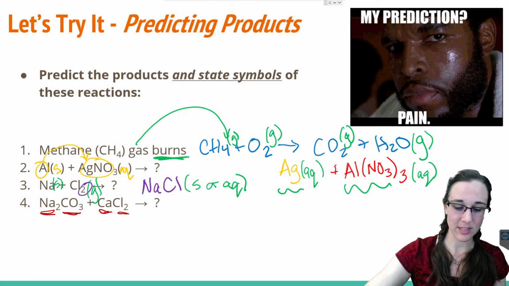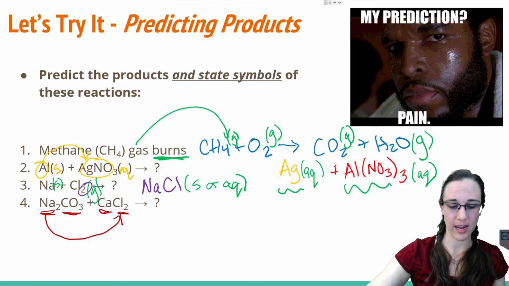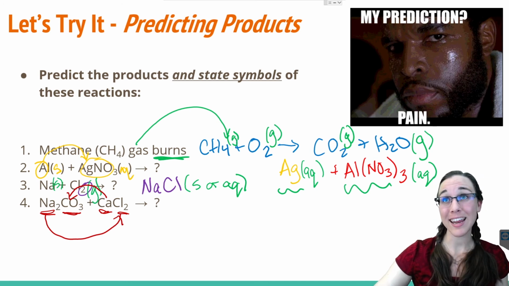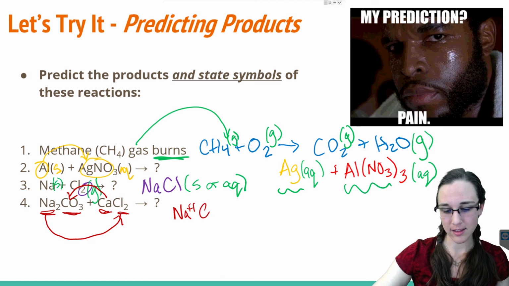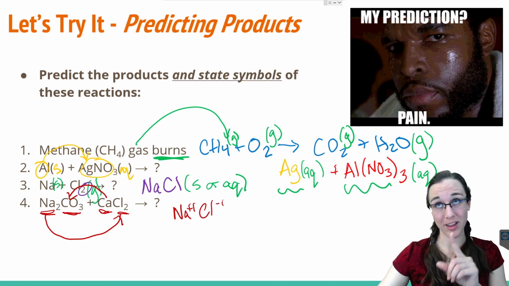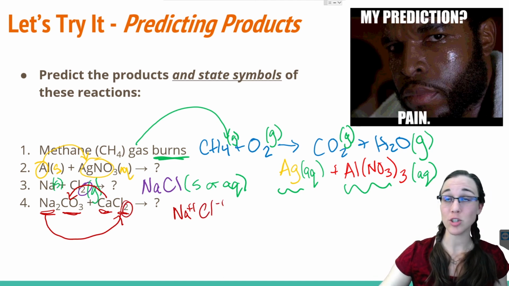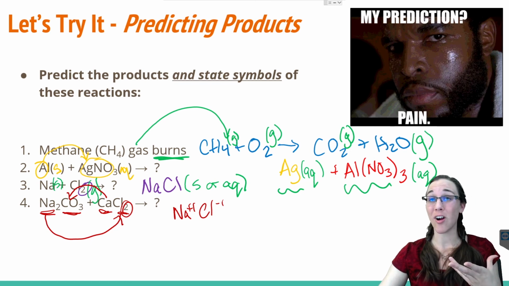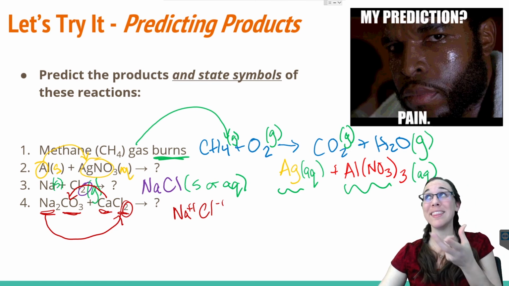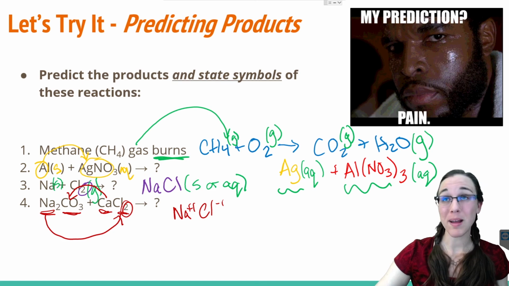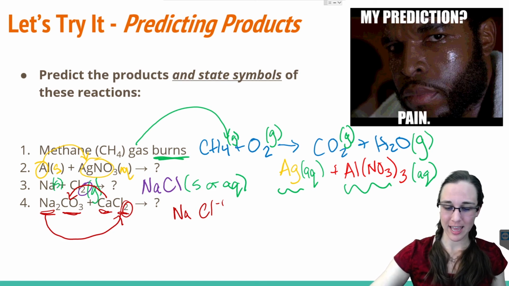So we're going to take the sodium and pair it with the chlorine and take the calcium and pair it with the carbonate. So what we get is Na plus 1 from the periodic table, Cl minus 1 also from the periodic table. Notice I didn't take the 2 over. I don't care how many there are. I'm just taking the atom type and then figuring out how many there are. 1 minus 1 gives me 0, so that's just NaCl.